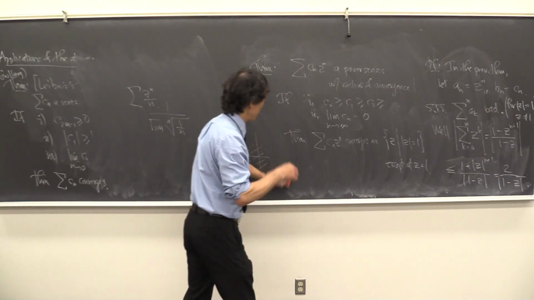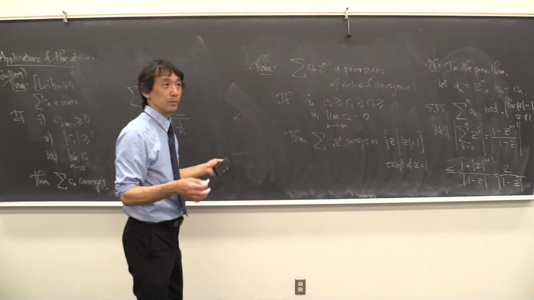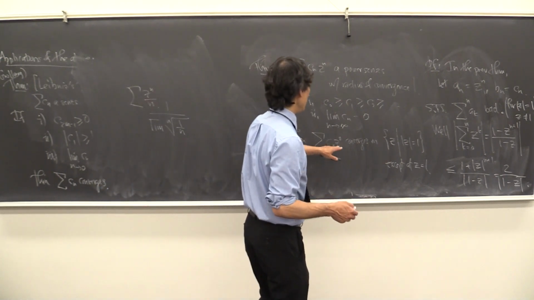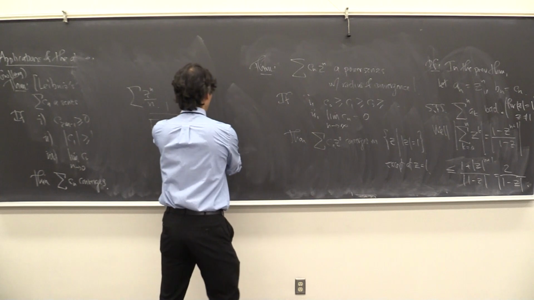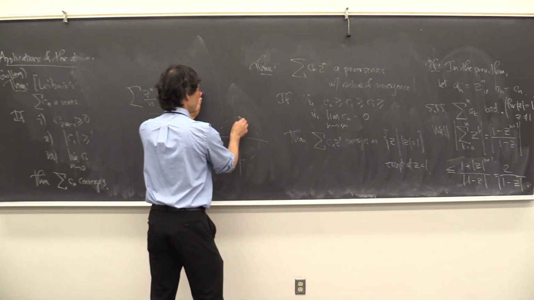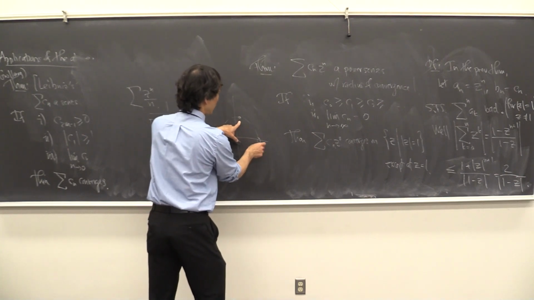Okay, is this making sense? Kind of, right? We're trying to show that this thing converges for every point on the unit circle. So we choose a point on the unit circle not equal to 1.